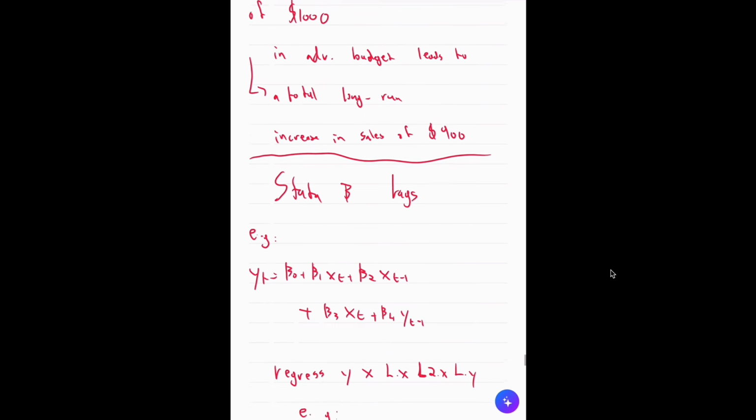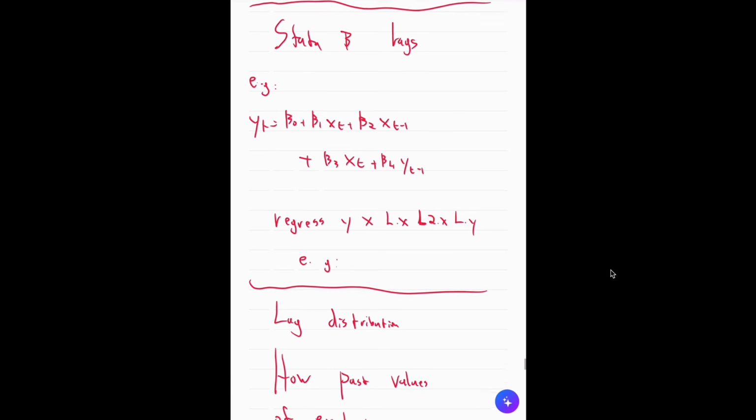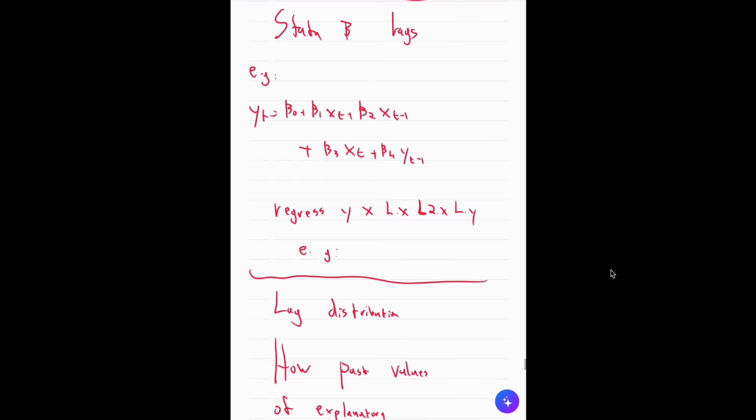Okay. Then quickly, lags, they have asked some questions on this. I don't know if they will. So let's say you have this function. So y of t equals beta naught plus beta 1 xt plus beta 2 xt minus 1 plus beta 3 xt minus 2 plus beta 4 yt minus 1.